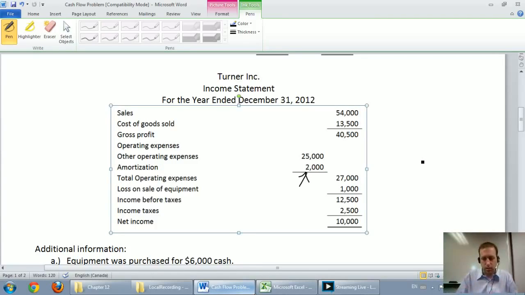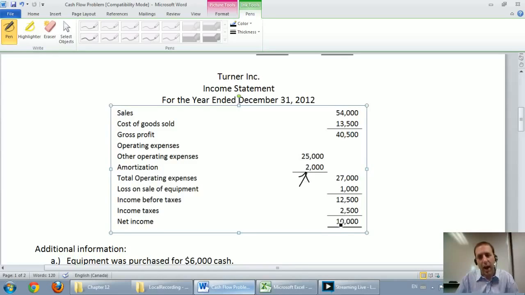When we calculated net income of $10,000, we took out amortization; I minused $2,000 to get to this $10,000. It's fine if we want to say net income is a reasonable measure of cash flow, but we know that this $2,000 had no impact on the cash flow. So if I minused it, I did that in error. It shouldn't affect the cash flow.